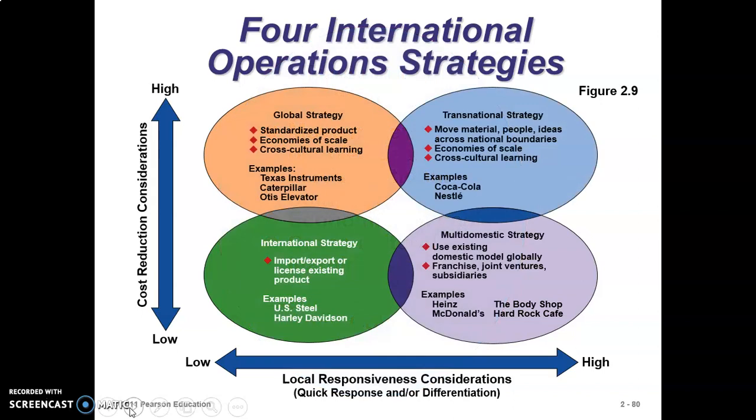In Malaysia, Nestle has farms and collaborates with farmers for chili, and also cocoa farms to produce the malt, the cocoa base for Milo and other products. That's why they have factories that move material, people, and ideas across countries. They have a factory in Malaysia. So they have high local responsiveness consideration and are very particular about local preference, and they also have high cost reduction. That is why they set up factories in our country.